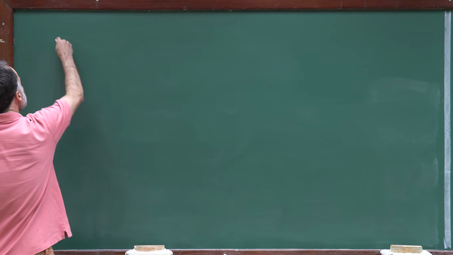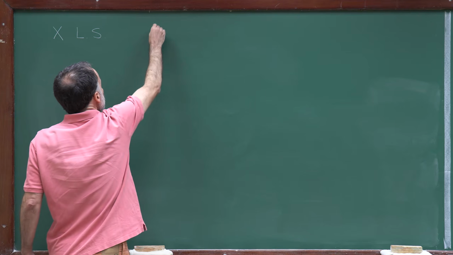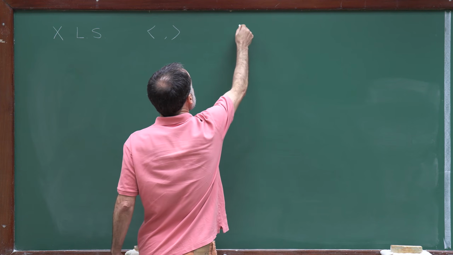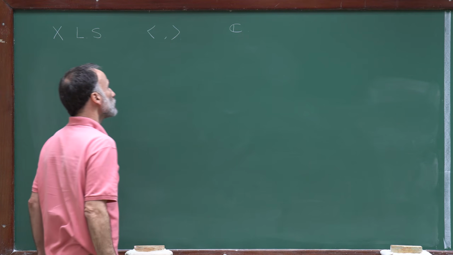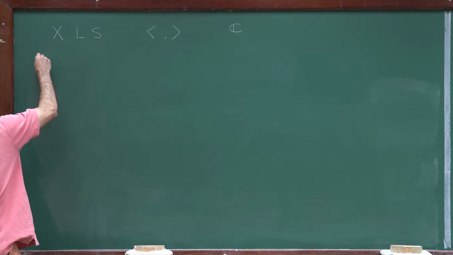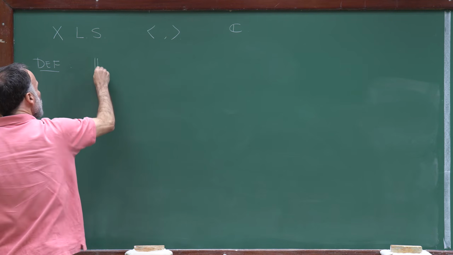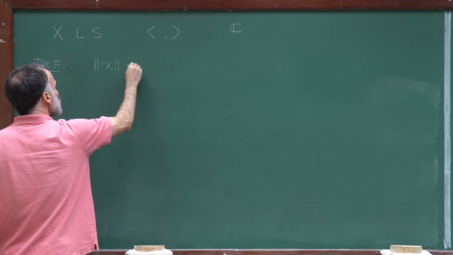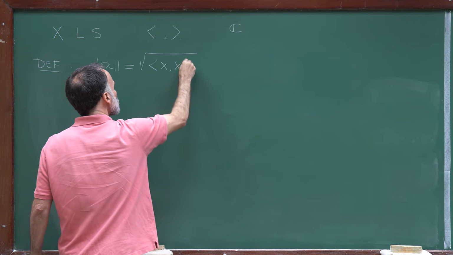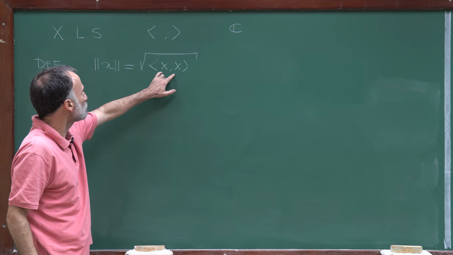Now let's assume that you have X, the linear space. You have a scalar product which is defined on X, and say that we are working over the complex numbers, and we define a norm. So let's define on this space the norm of x as the square root of the scalar product of x with x. So this is a positive real number.